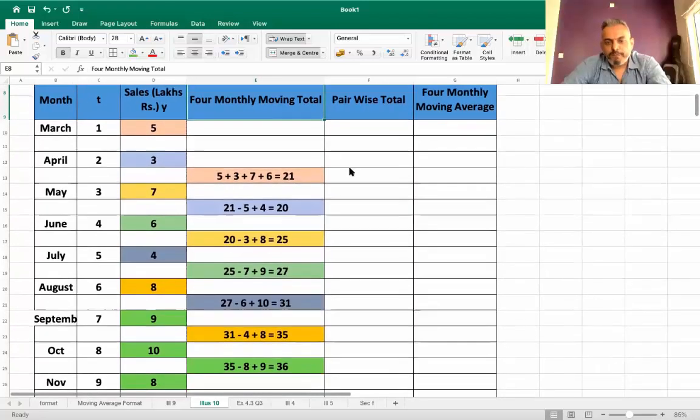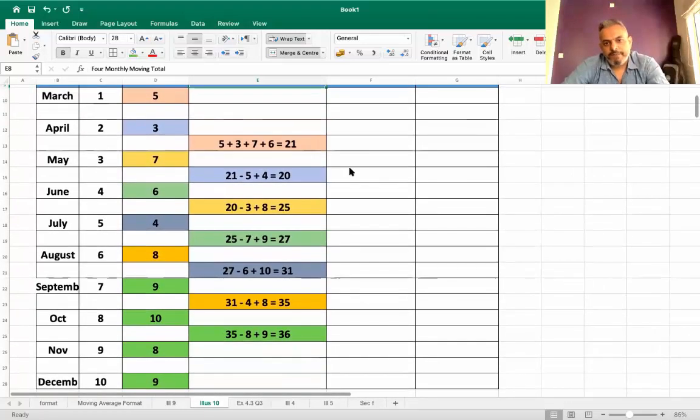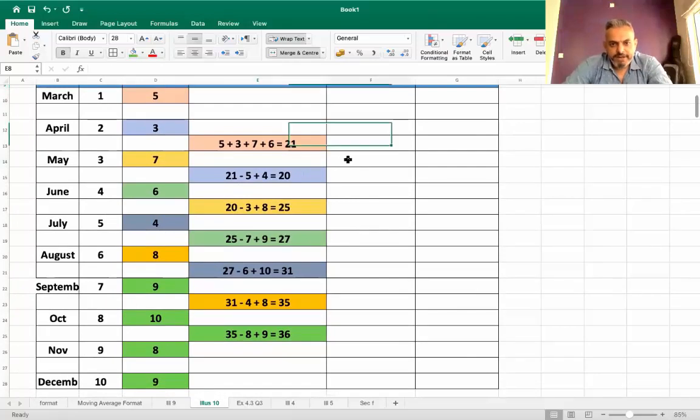Now what we have to do is pairwise total. So we will make pairs. What will the pair be now? Pair will be 21 plus 20, which is equal to 41. First and second.